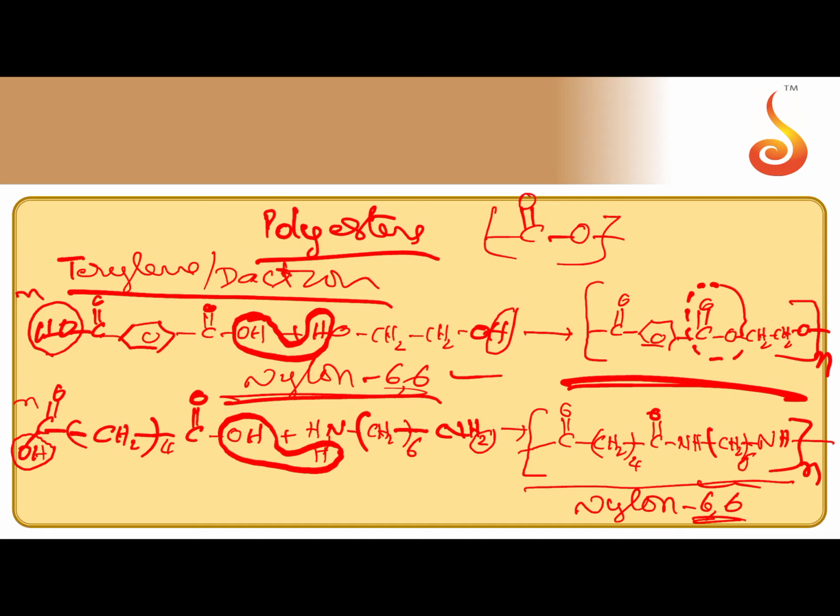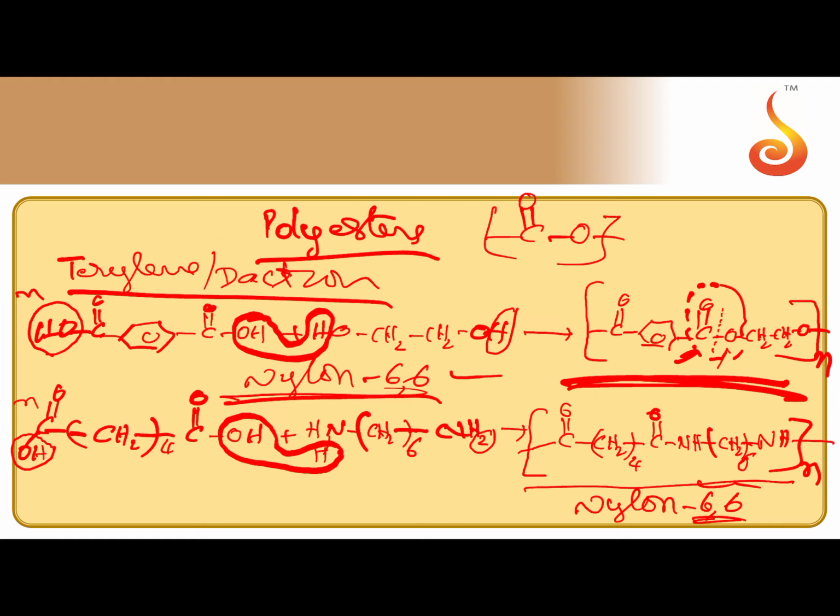So children, remember how to write the repeating unit for condensation polymers, and how to get the monomers also. If a polyester is given, how to get the monomers? Just break the CO single bond of the ester, and OH is attached to CO and H is attached to O. You get alcohol from one monomer, acid from the other.